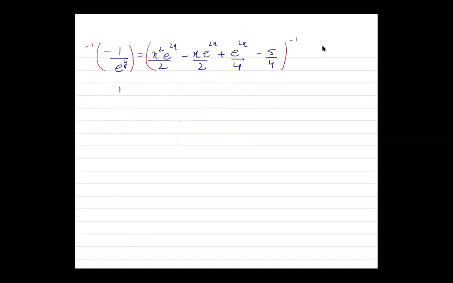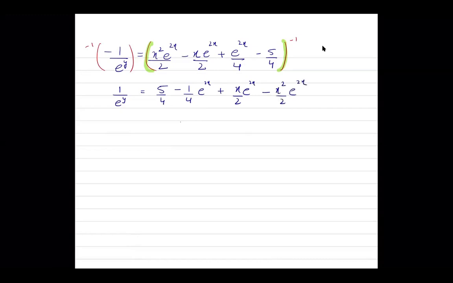So this is going to be 1 upon e to the power of y is equals to, if I multiply this entire bracket by negative 1, I'm going to get 5 upon 4 minus 1 upon 4 e to the power of 2x plus x upon 2 e to the power of 2x minus x squared upon 2 e to the power of 2x. Now, over here, if I have 1 upon e to the power of y, I can write this as e to the power of minus y.